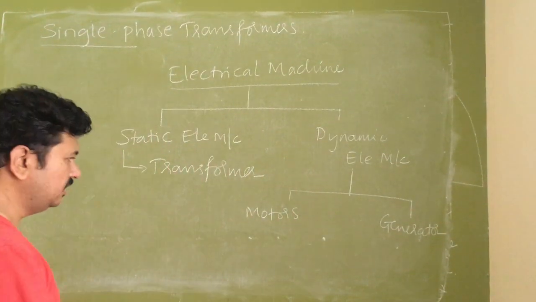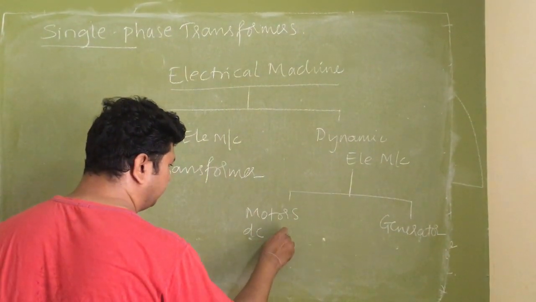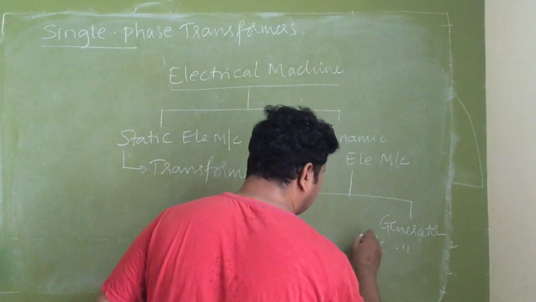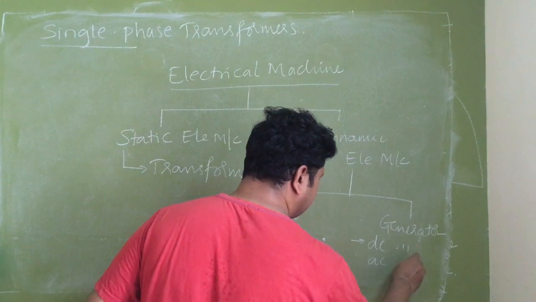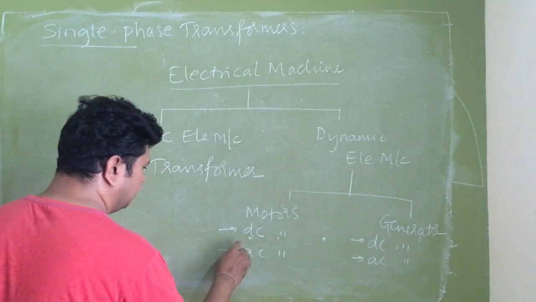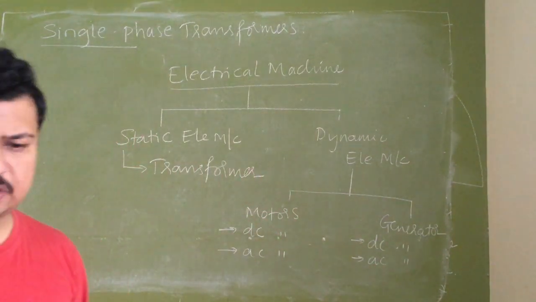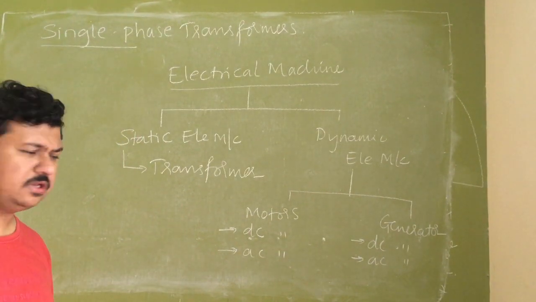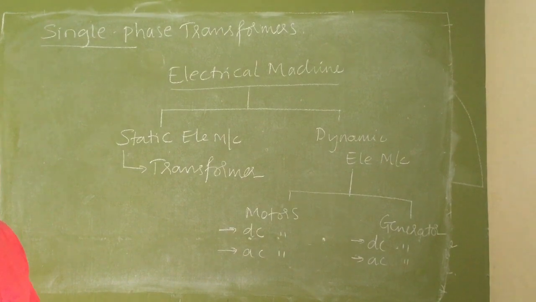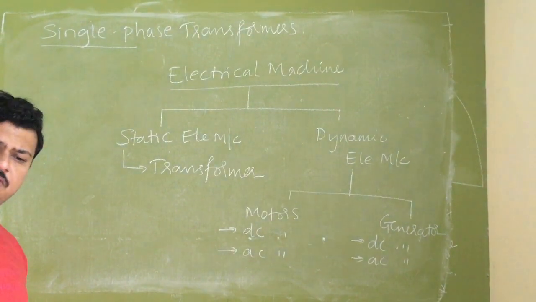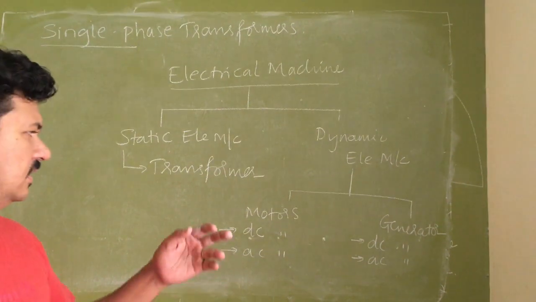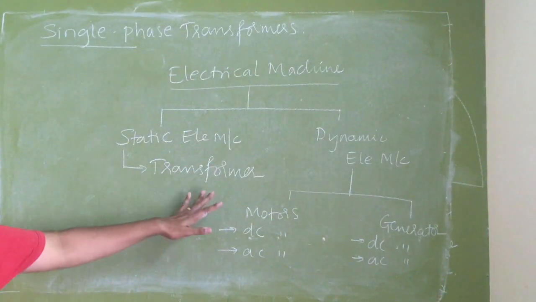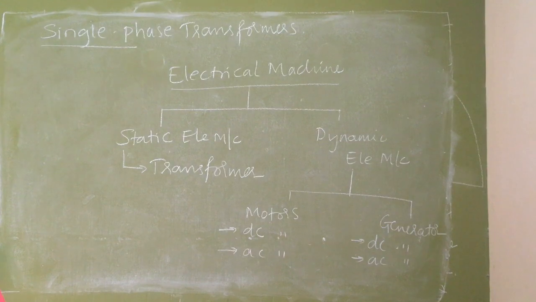These can be DC motors, AC motors, DC generators, AC generators. So this is the broad view of electrical machines. Any type of machine, whether it is a special motor or an induction motor, whatever the type may be, will fall under one of these classifications.